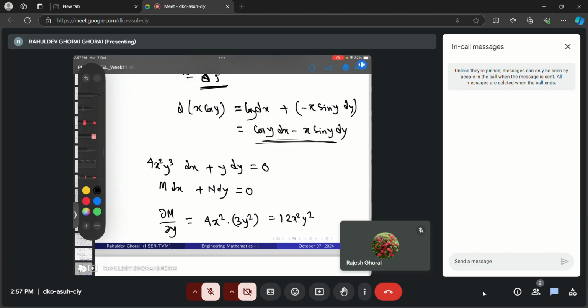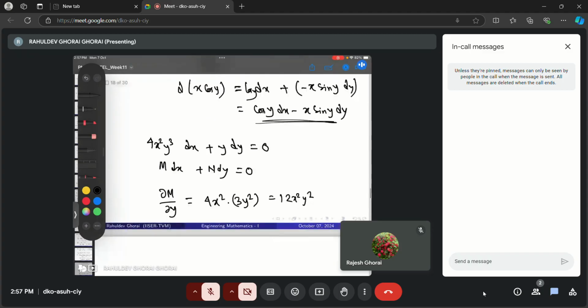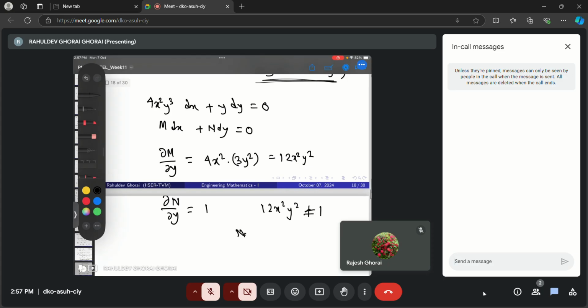And del N del x will be 1. So 12x square y square is not equal to 1 for all x, y, right? So it is not exact.